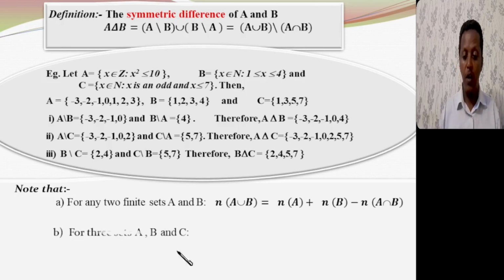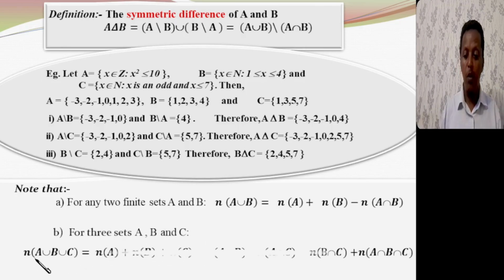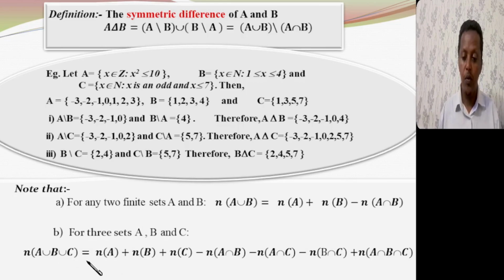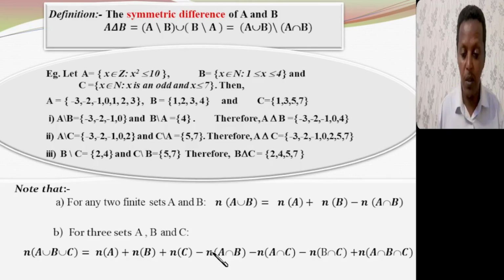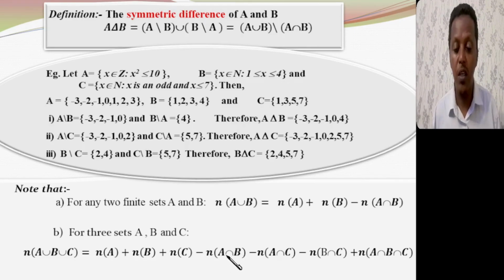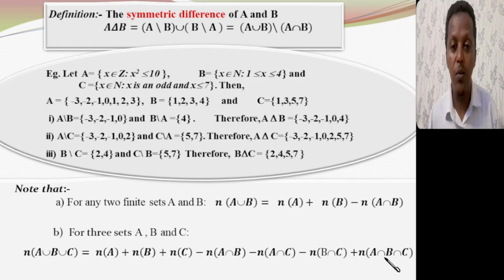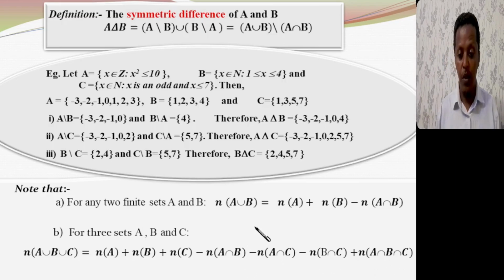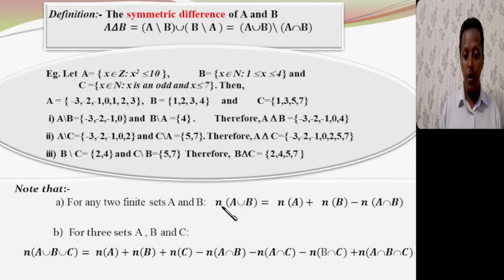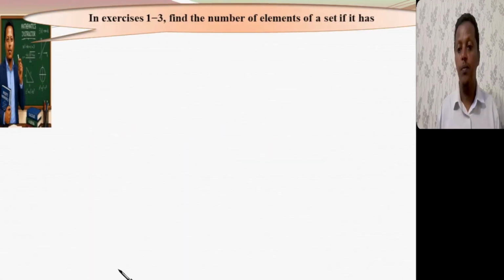Again, for three finite sets A, B, C, the number of elements of A union B union C will be equal to n(A) plus n(B) plus n(C) minus the number of elements of the intersection of each two sets, and finally plus the number of elements of the intersection of the three sets. Now regarding the cardinality of the union of two sets, we use the first formula, and for three sets we use the second formula.